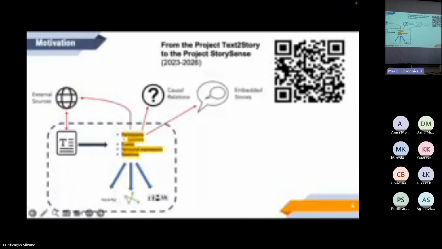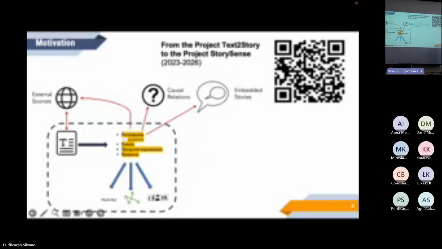Because it's also a very relevant part of narratives. And also we wanted to be able to represent narratives inside narratives. If you think of a piece of news, for instance, you see that there is sometimes the main event, but inside the main event, there are also other stories that are embedded in that story.